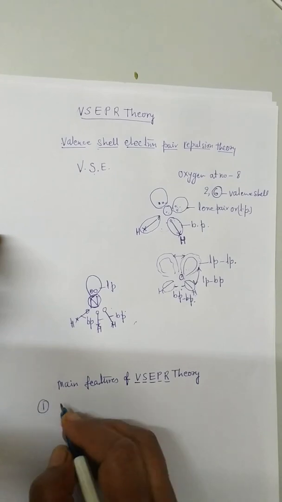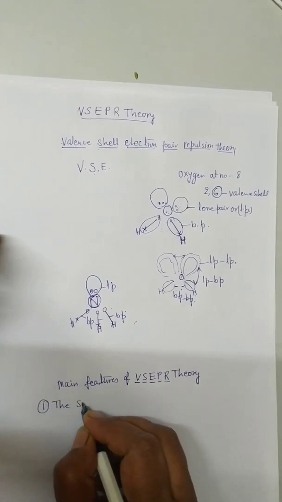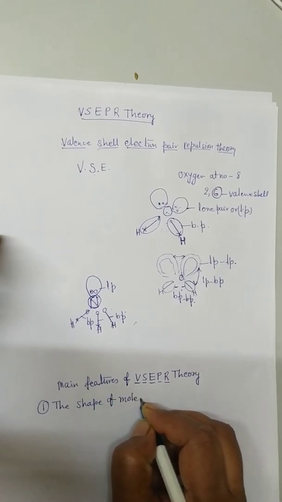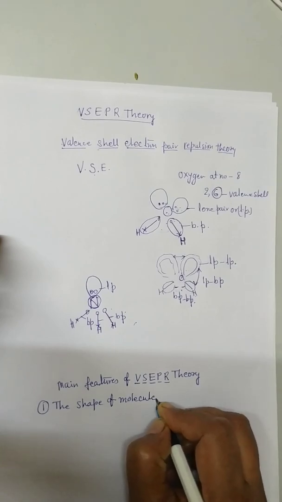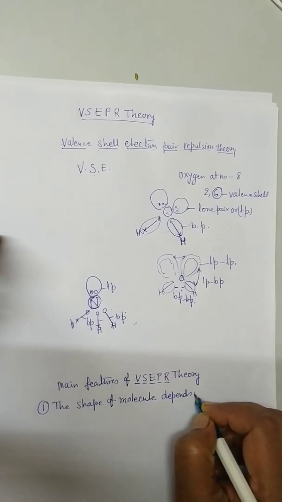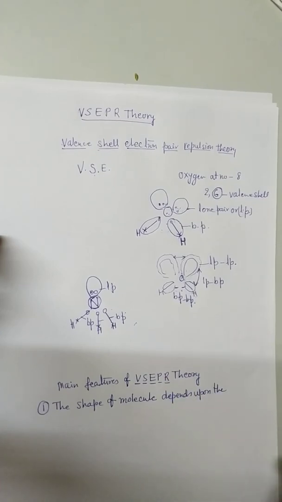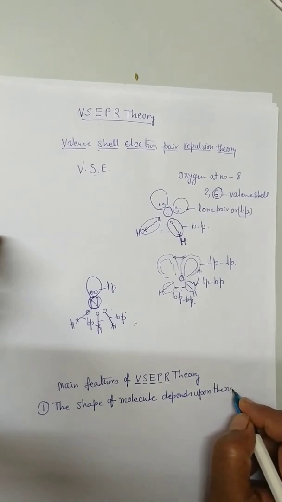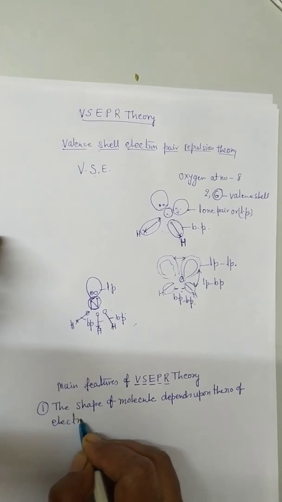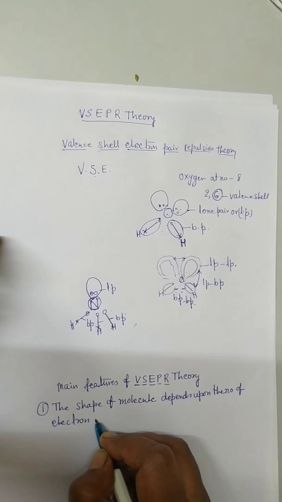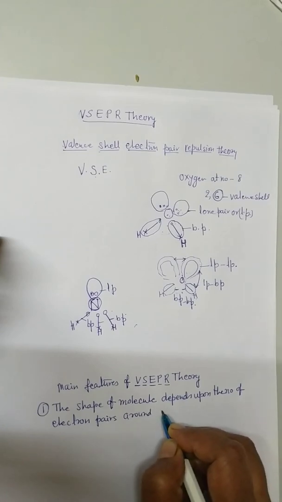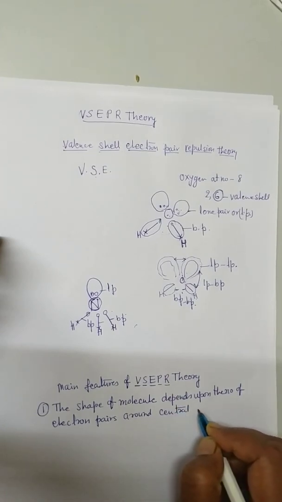Number 1, the shape of a molecule, like here ammonia, water, etc., depends upon the number of electron pairs around the central atom.